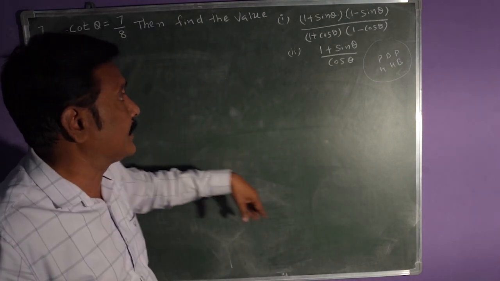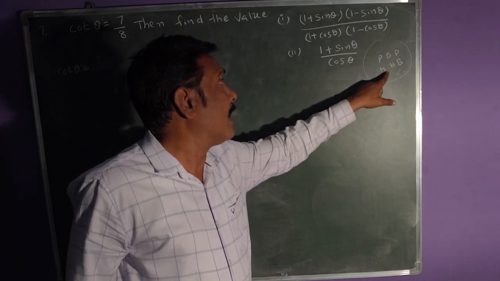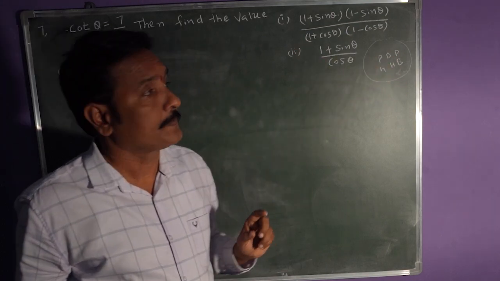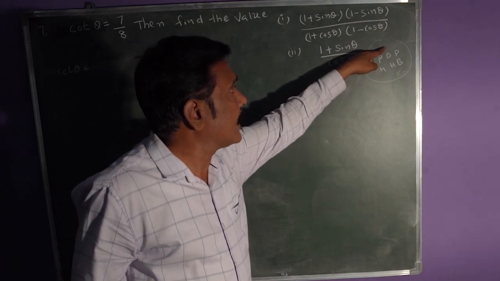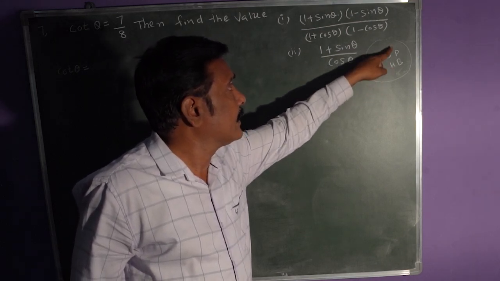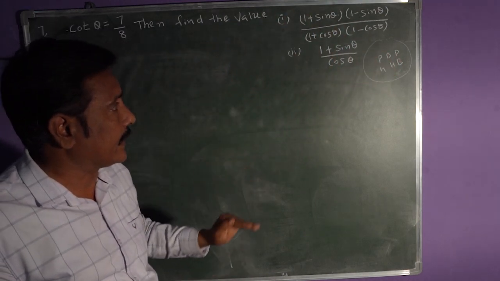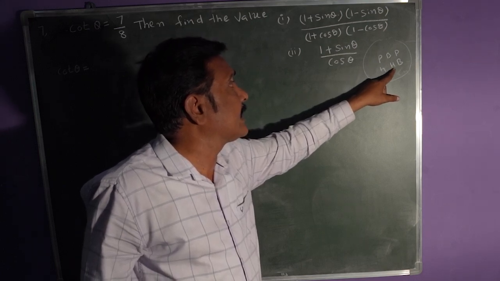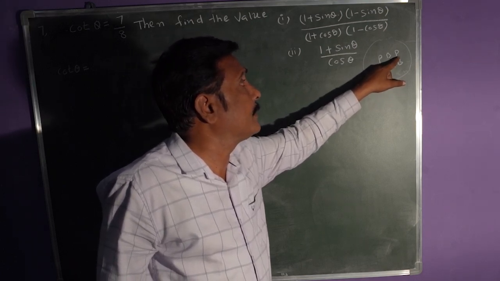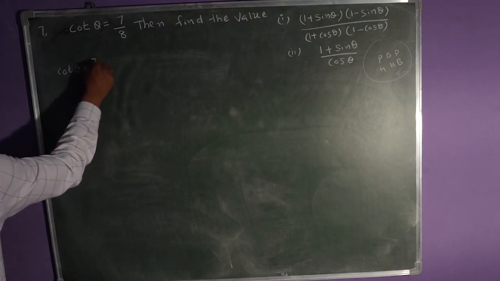The sine is P by H, cos is B by H, tan is P by B, and the opposites are cosec is H by P, sec is H by B, cot is B by P. Okay, cot ratio is B by P.